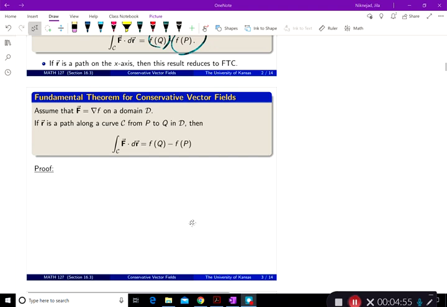First, let's start from the left-hand side and rewrite the information that we have. How do we compute the vector line integrals?